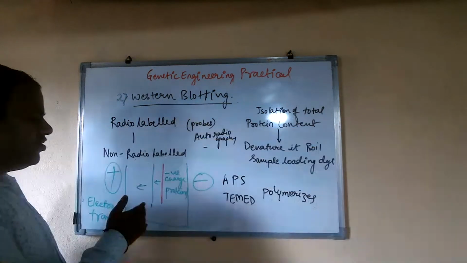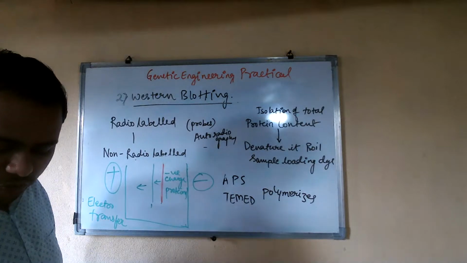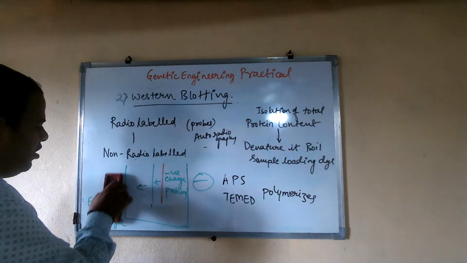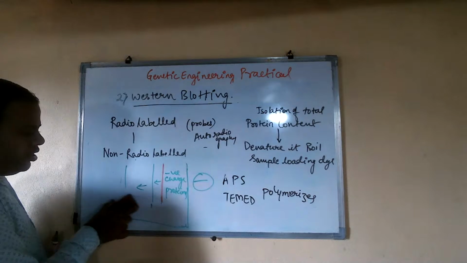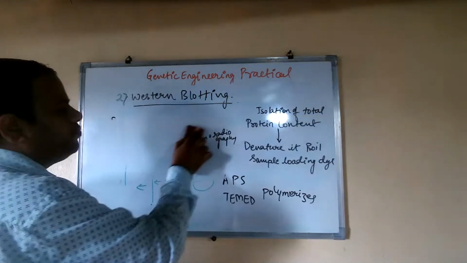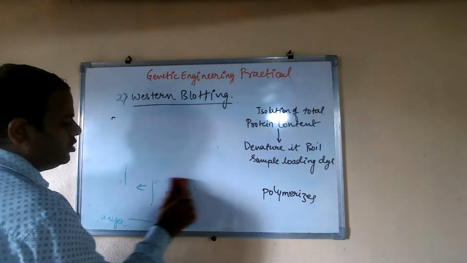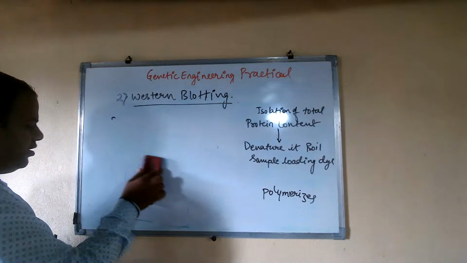Once it gets transferred onto the nylon membrane, you are going to follow different procedures in order to fix that protein bands onto the nylon membrane. After the blotting, the nylon membrane is subjected to baking at 70 degrees centigrade.